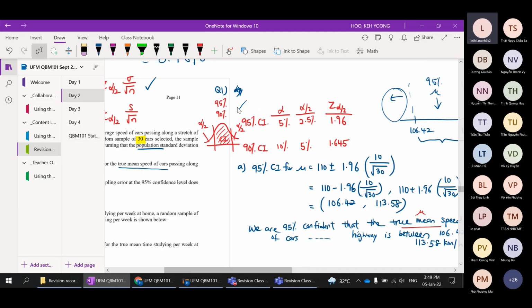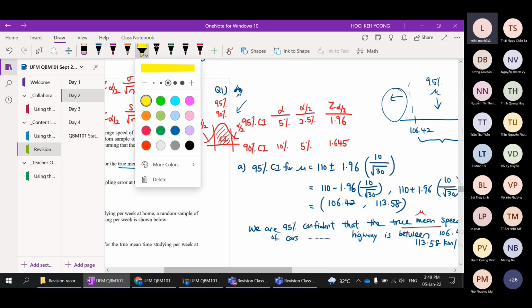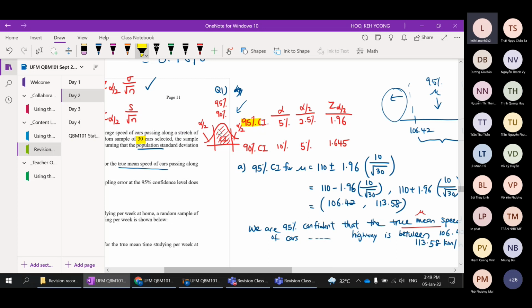Look at this graph. When I have a 95% confidence interval, it means the area in the middle is 95%. So alpha is the remaining area. If the middle is 95% already, the remaining area is 5%. This 5% will be shared by the left and right side, so you divide by 2 and get 2.5% on each side.